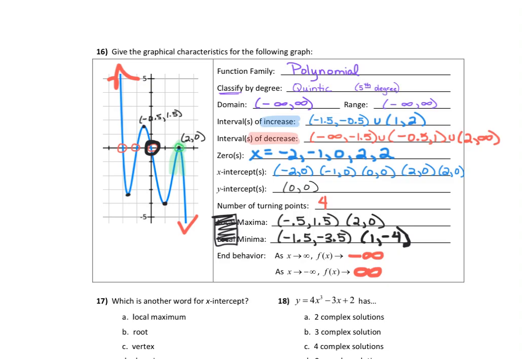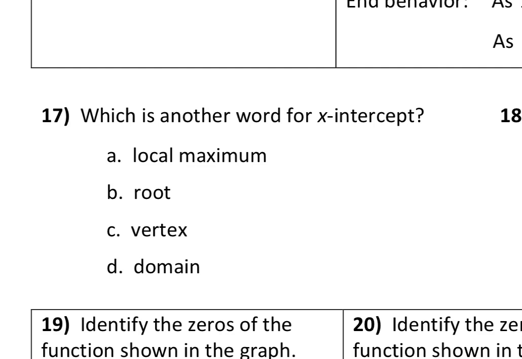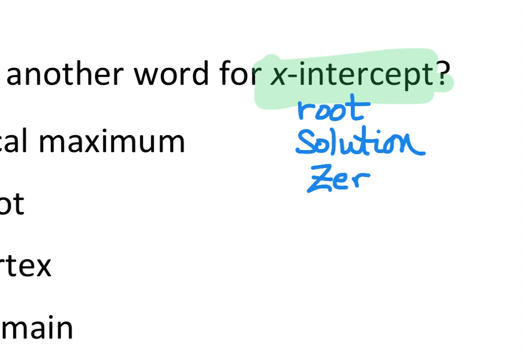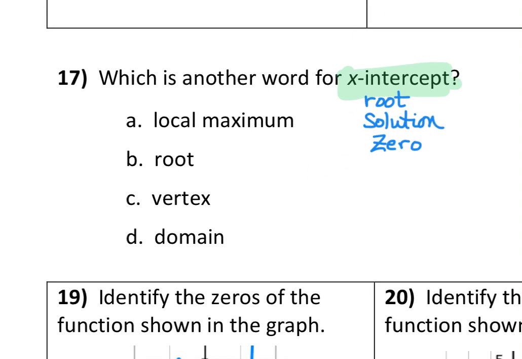So in this next question, just remember that we've used several words that mean approximately the same thing. X-intercept means more or less the same thing as root, as solution, and as zero. And so here another word for x-intercept then would be root.